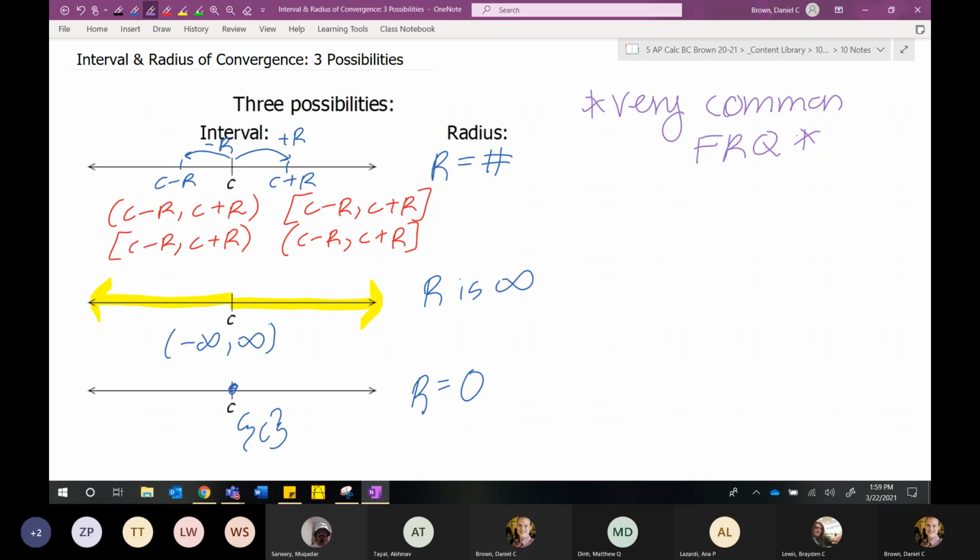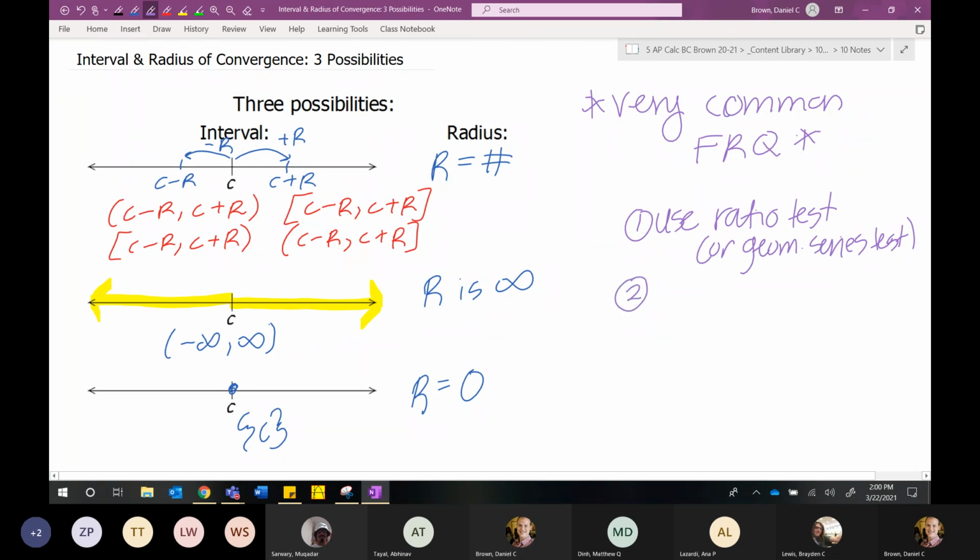When you're asked to find the interval or radius of convergence, there are a few main steps. First step, you're going to use the ratio test, or sometimes the geometric series test, but that's only on special occasions where the power series is clearly a geometric one.